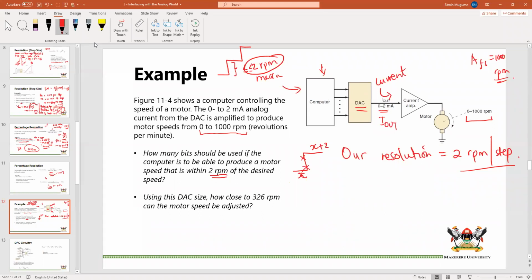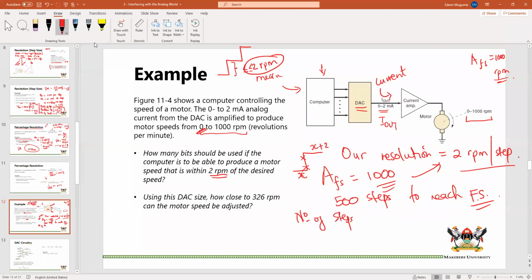Now, we have 0 to 1,000, this is our full scale. How many steps do we need to reach 1,000? We would need 500 steps from 0 to reach full scale. But we know the number of steps is equal to 2 to the power n minus 1.